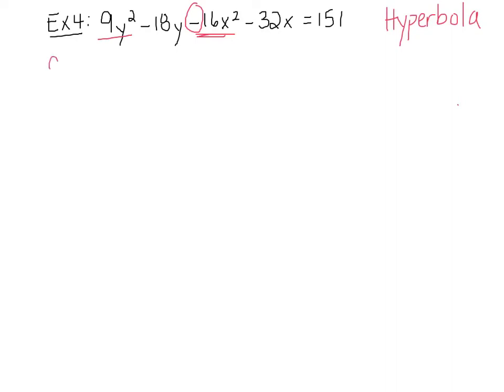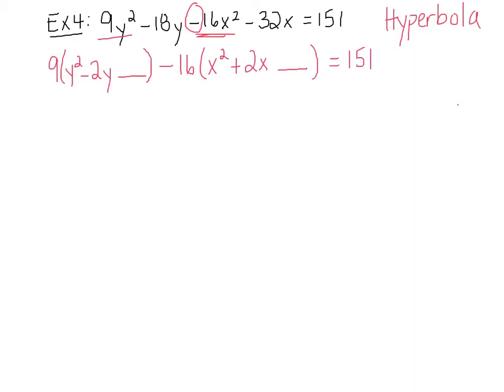We're going to divide by the 9, and we're going to have y squared minus 2y and a space. Now, when you divide by the negative 16, make sure that you're dividing out that negative too. So you're going to have x squared. When you take negative 32 divided by negative 16, that's going to be a positive 2x. And then put your space. Okay, and it's equal to 151.